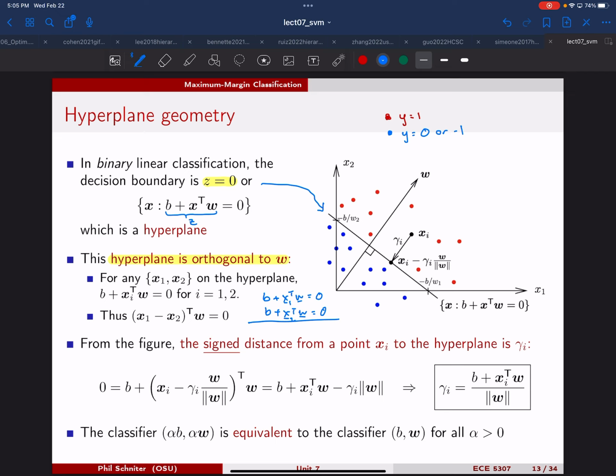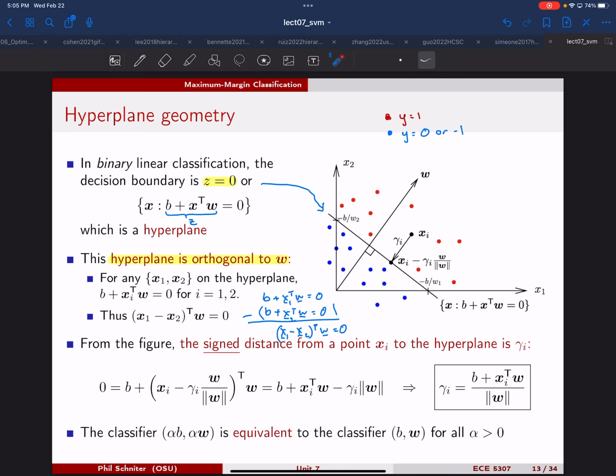Let's subtract one from the other on both sides, and you get (x1 minus x2) transpose w equals 0. You get this equation here.